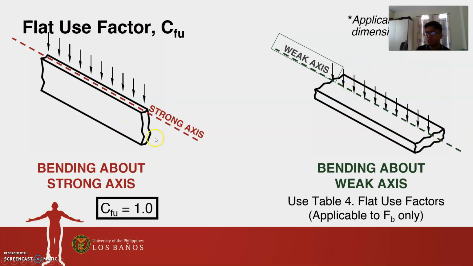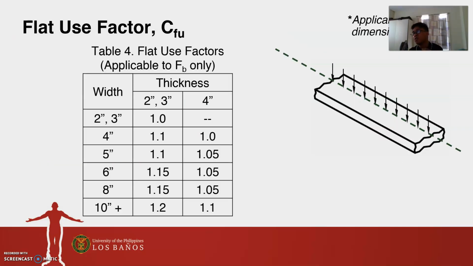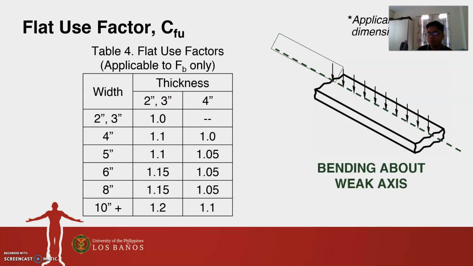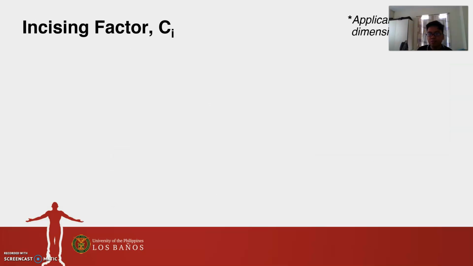Otherwise, if the beam is used as ordinarily as it is, which is about the strong axis, then we have CFU equals 1, or that means the adjustment factor is not applicable. When it is actually applicable, then we increase the strength of the member. Again, it has to be bending about the weak axis.